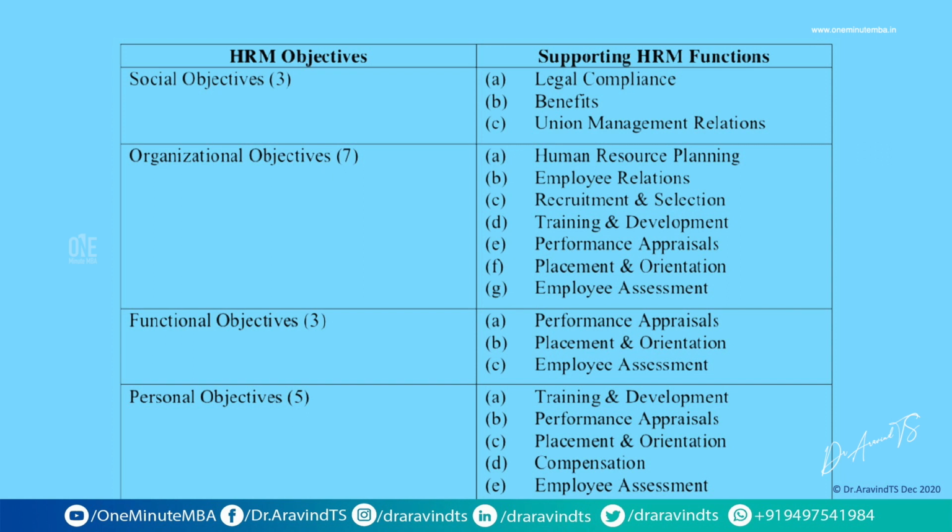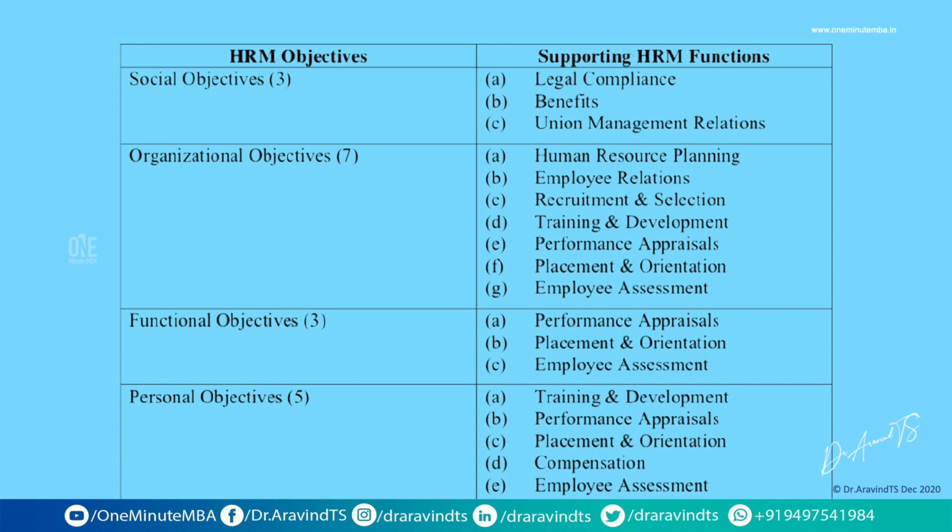The social objectives have supporting functions such as legal compliance, benefits, union management relations, etc. For organizational objectives, the supporting functions are human resource planning, employee relations, recruitment and selection, training and development, performance appraisal, placement and orientation, and employee assessment.